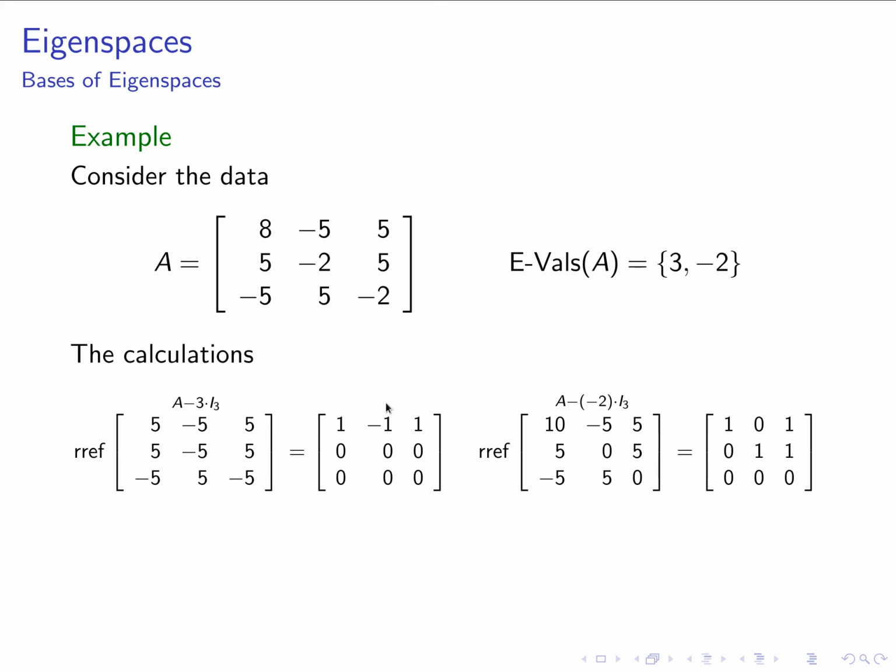The geometric multiplicity, which is the dimension of our eigenspace, is the nullity of the difference matrix, which for lambda equals 3 is equal to 2. So we should end up with two basis vectors for the eigenspace with lambda equals 3. And we found that our difference matrix A minus -2 times the identity is a rank 2 matrix, which means it has nullity 1, which means we should end up with one basis vector.